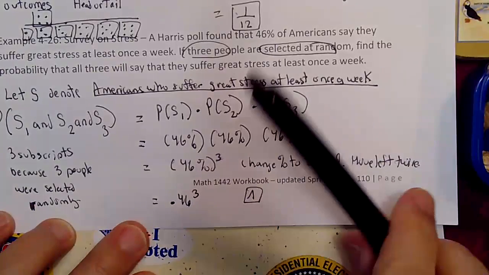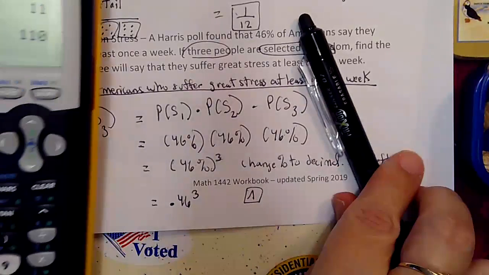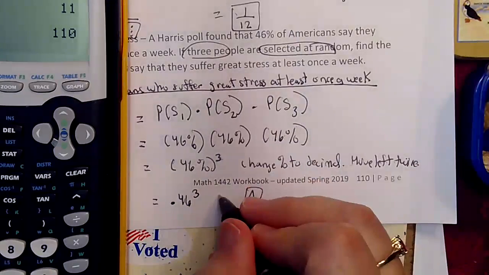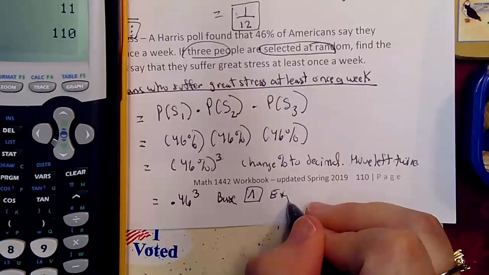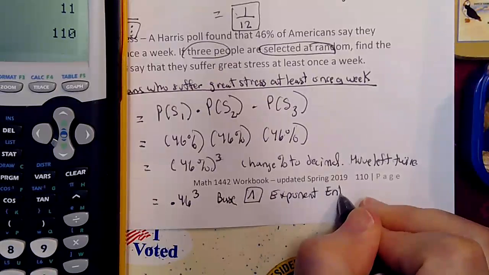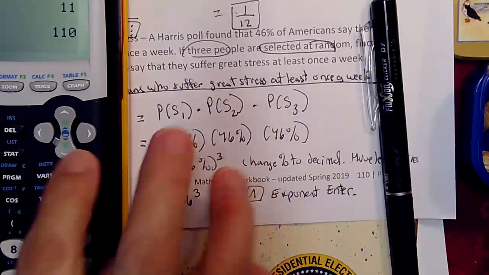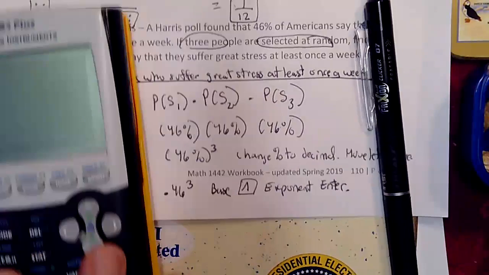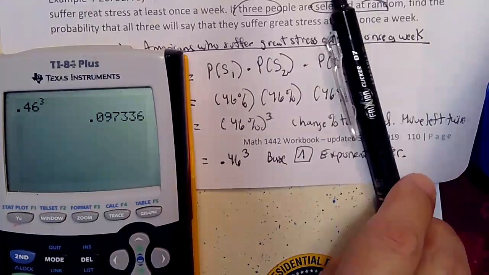You type in your base, 0.46, hit this key, type in your exponent, 3, and then hit enter. That gives you this value here.